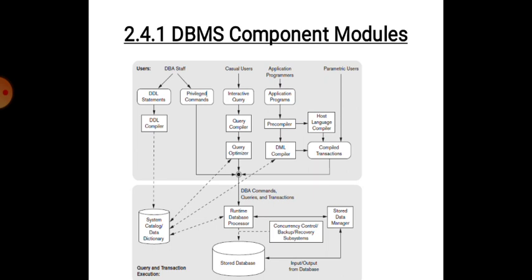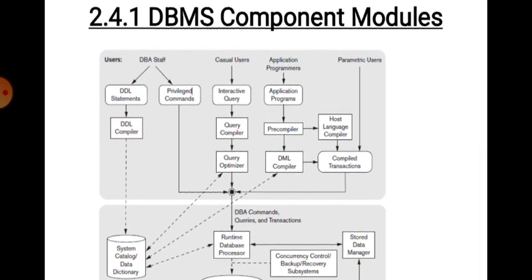If you look at the figure, in the upper half you have users, who are DBA staff, casual users, application programmers and parametric users.